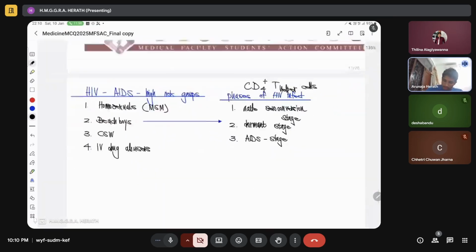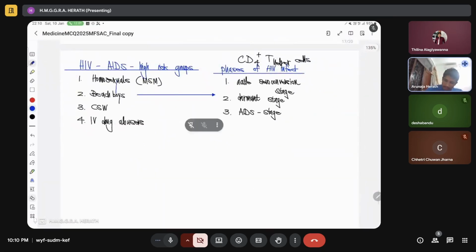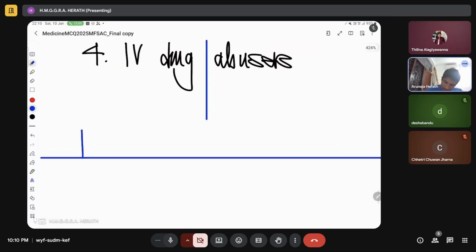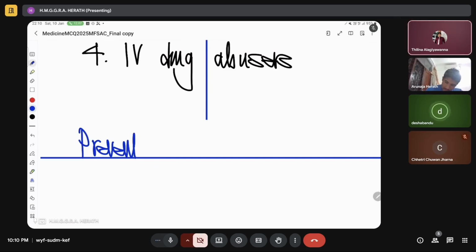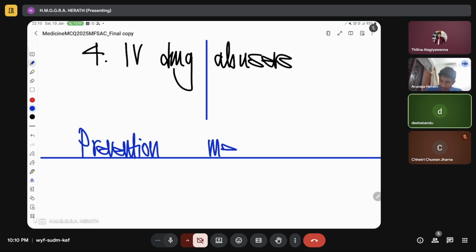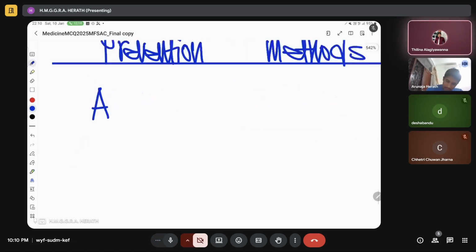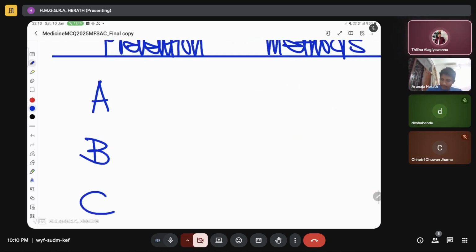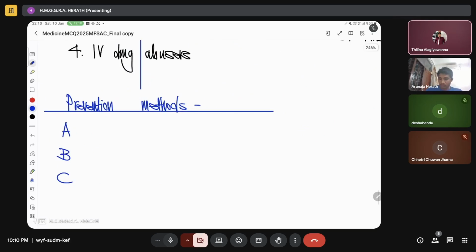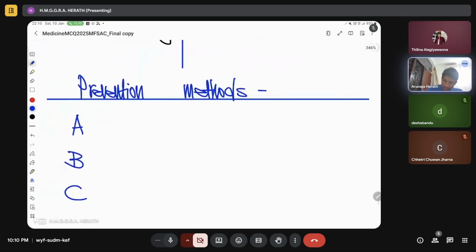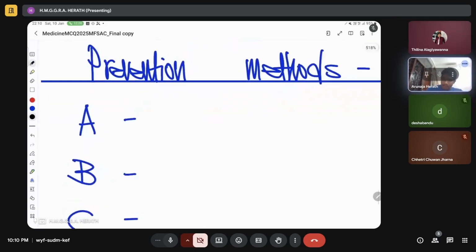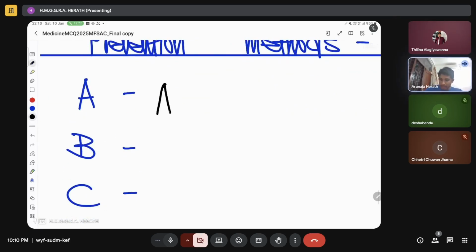Now, what are the prevention methods that you can provide for a patient with AIDS? Barriers. Good. Now, prevention is what? A is avoid sex. You can ask the patients to avoid sex if possible.